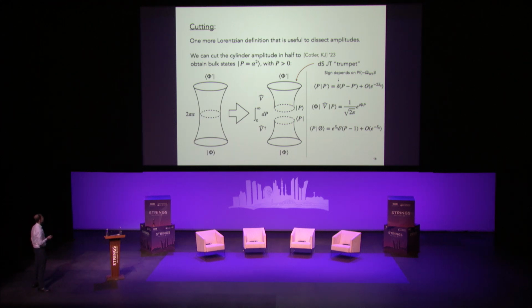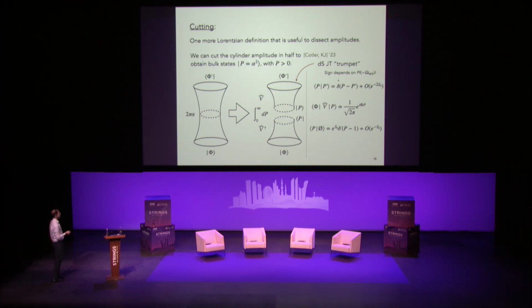We can slice and dice the cylinder, cutting it in half, thereby giving us a couple of trumpets, a past trumpet and a future trumpet, as well as some state at intermediate time. And these states are labeled by the size of the Lorentzian bottleneck that I'm calling here big P, which better be positive.